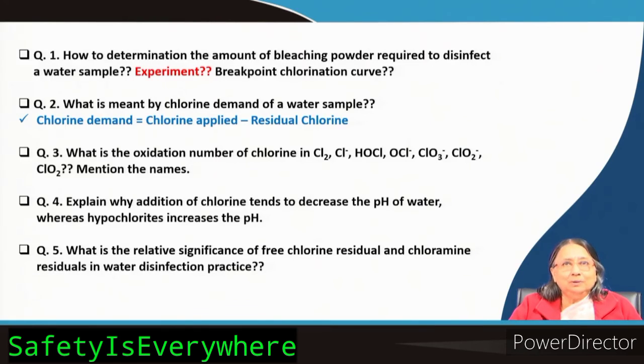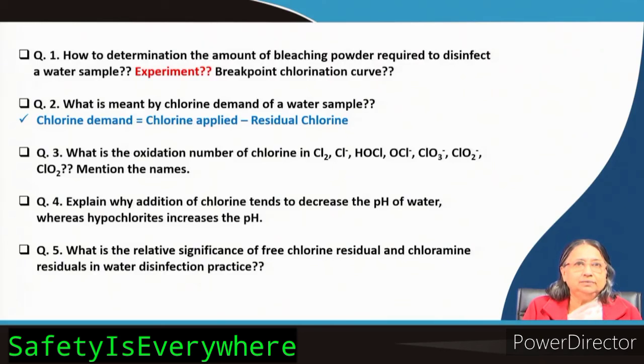Then there are so many compounds you have seen: chlorine, this is the 0 state, then chloride, HOCl, OCl minus, ClO3 minus, ClO2 minus, ClO2 gas. So what are the names and what is the oxidation state of chlorine there? This is very interesting. Explain why addition of chlorine tends to decrease the pH of water and hypochlorite increases the pH, that I already answered.